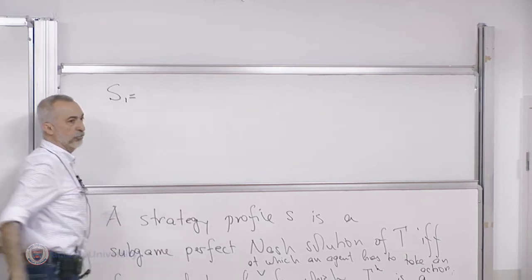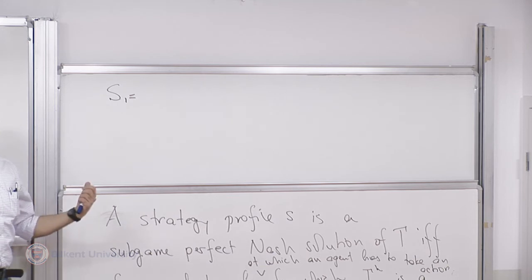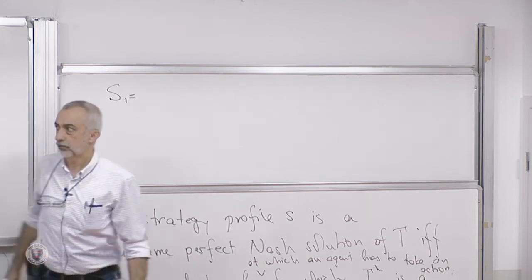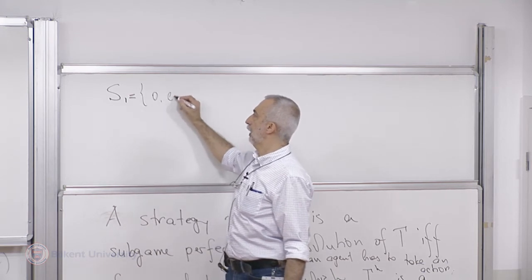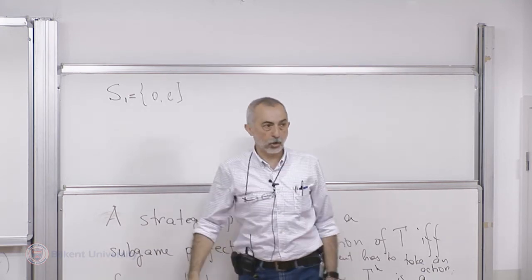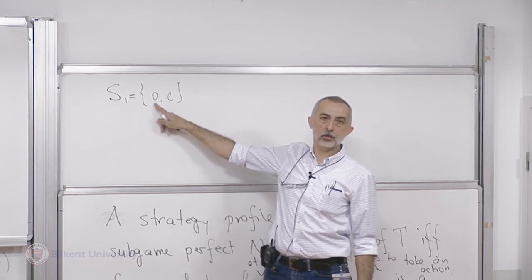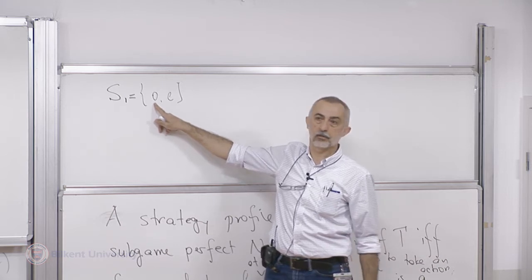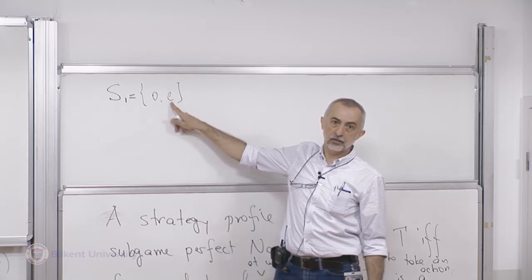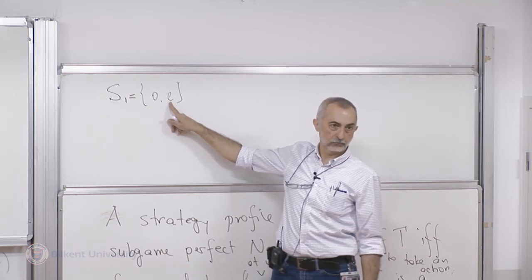What is the strategy set of player 1? We talked about this already, right? We denoted it with O and E, which was the shorthand of take the action O at the history H1, at the information set which consists of H1, take the action E at the information set which consists of H1, okay?